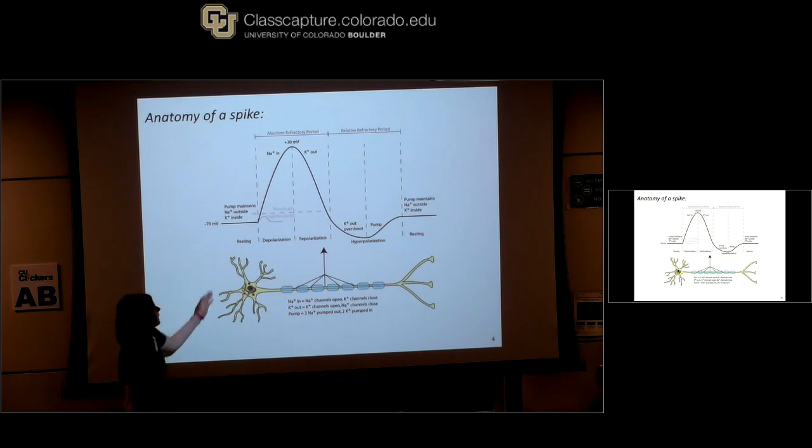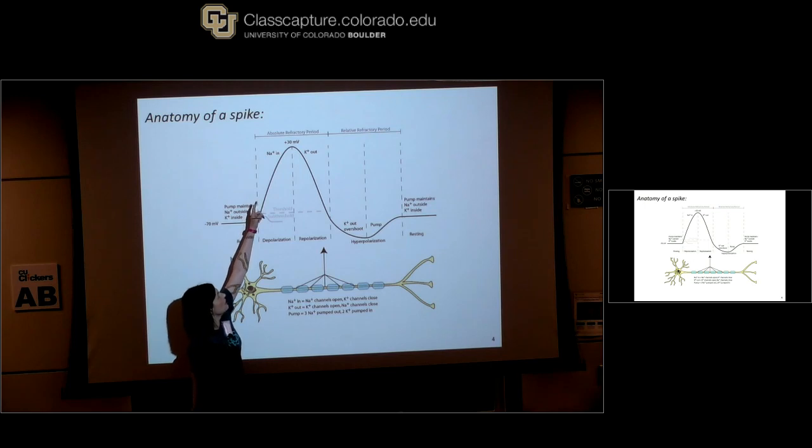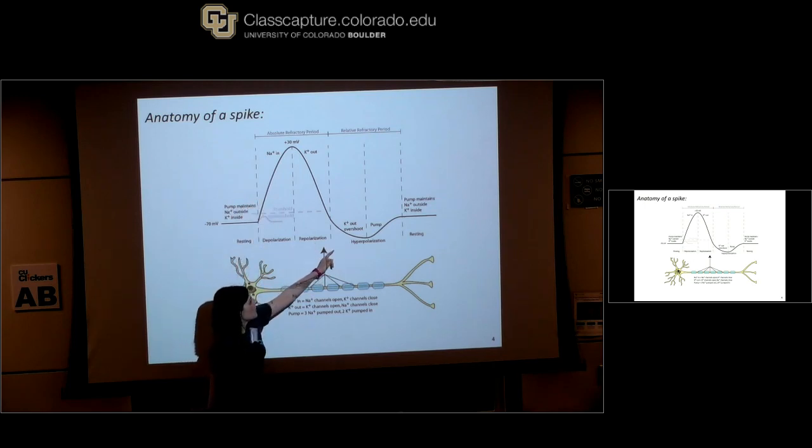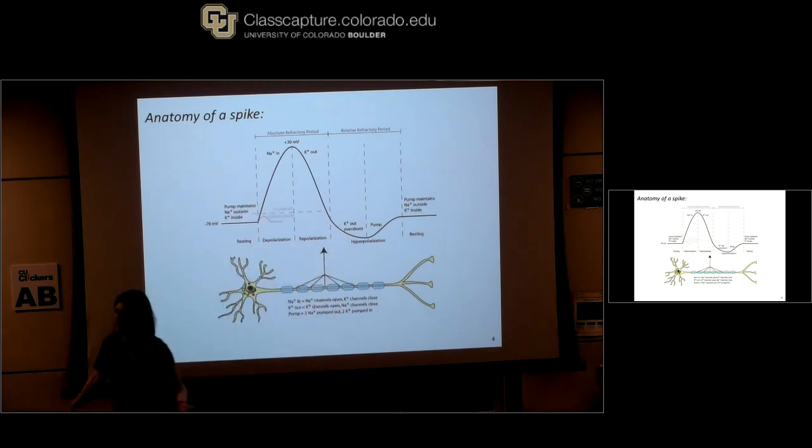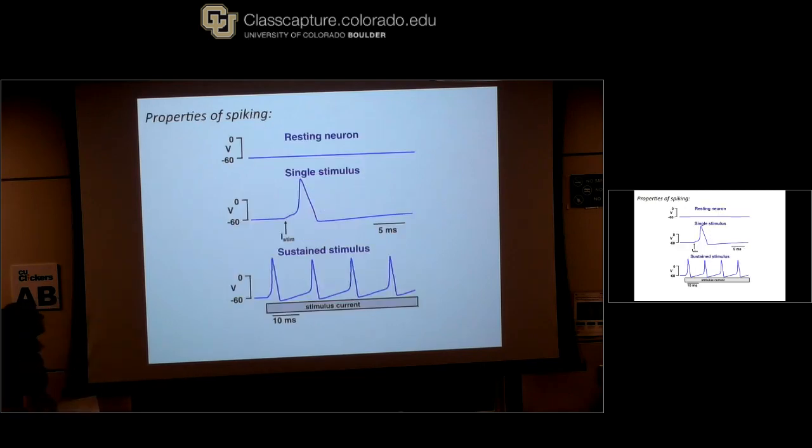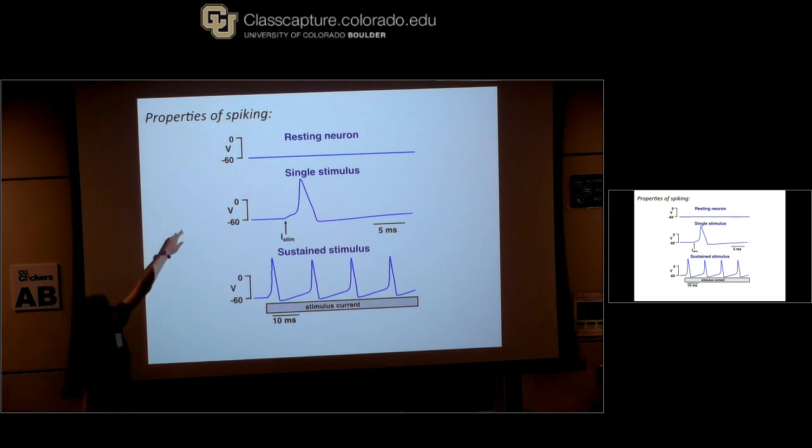So what happens when a spike is traveling, say, down the axon is that you'll get sodium rushing in, potassium then rushing out, and then a pump that resets the sodium and potassium levels. So we can go into that a little bit here. Here is what you might see if you have just a neuron at rest. It might be at a minus 60 millivolts potential relative to the extracellular solution that it's sitting in in the brain.